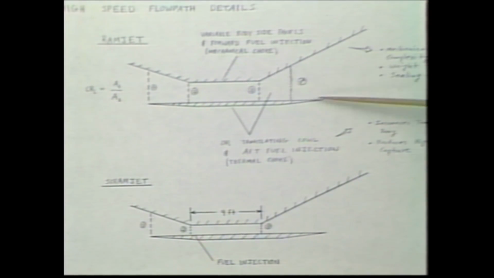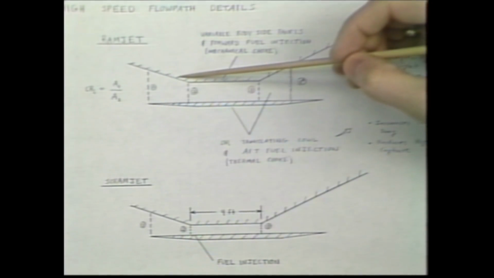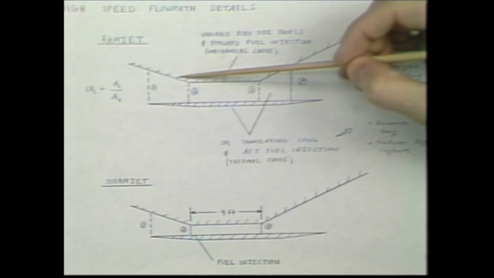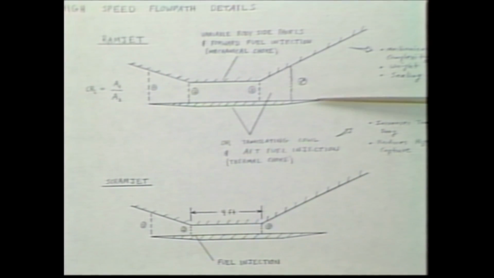for the following reasons. If you look at the cowl, and if you have to pull it downward to open it up at low speeds, then you still have these very steep ramps out in front that are there for hypersonic reasons only. And those steep ramps, as we'll find out later, produce a lot of drag. If you could have collapsed the body side, you could have gotten rid of that drag.